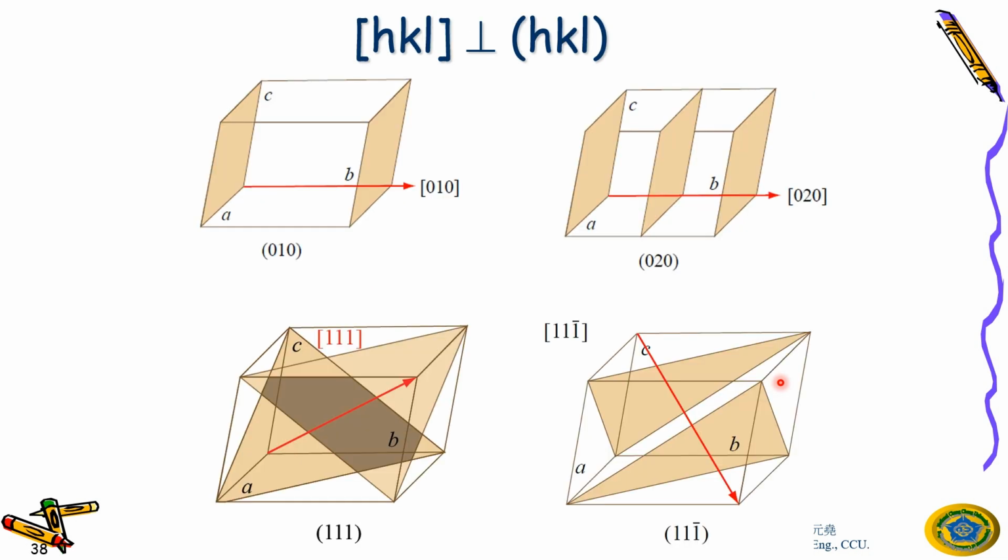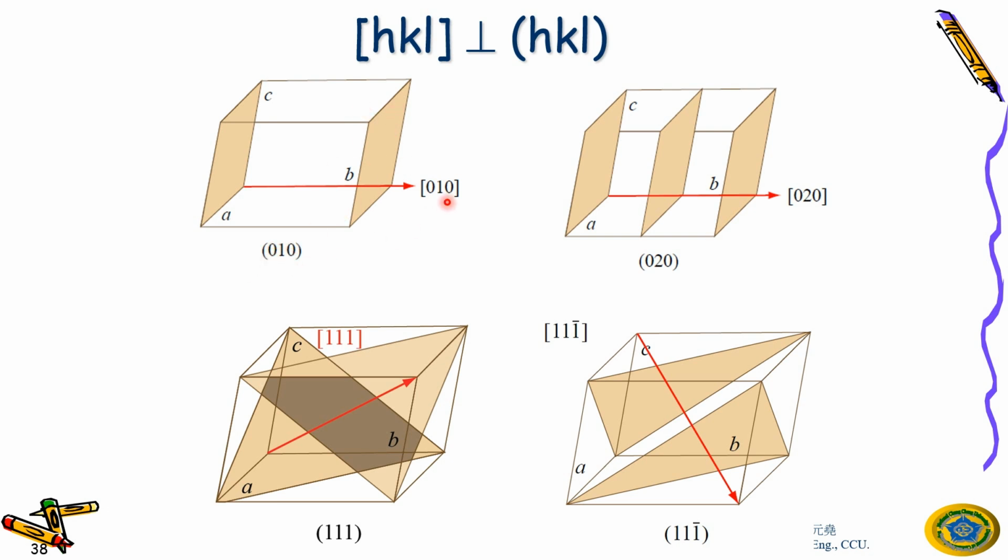Right, there's an interesting thing: the plane is perpendicular to the direction. For example, this is the square bracket [0 1 0], and square bracket [0 1 0] will equal the plane (0 1 0) in parentheses.